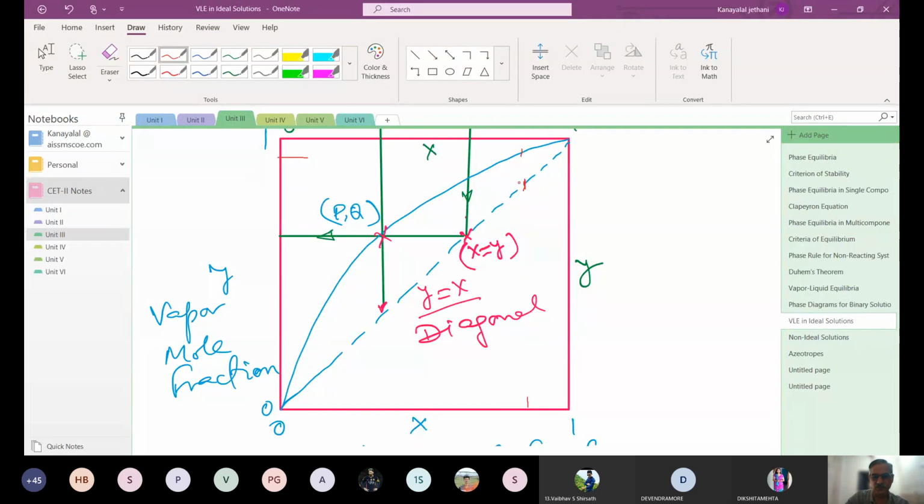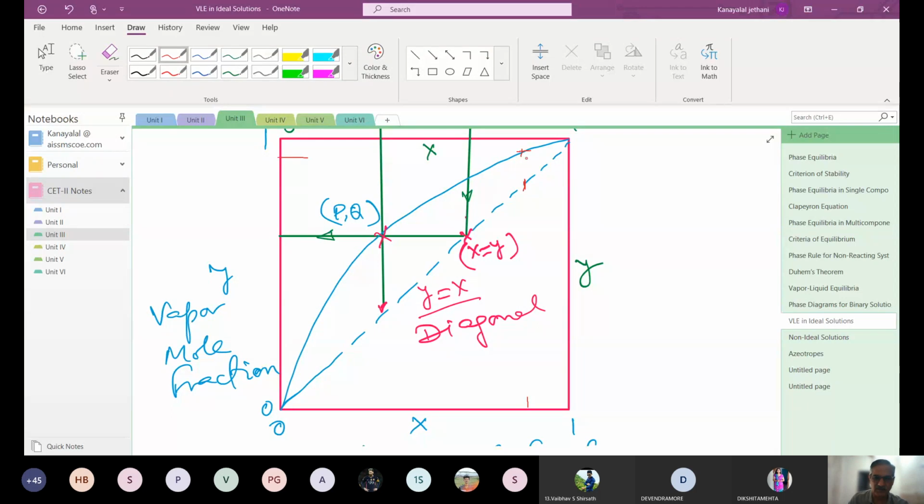That is why separation happens. If I condense the vapor, I will get a liquid which has more volatile component, around 0.92. That means if I take a liquid of 86% more volatile component and evaporate it, the vapor formed will have 92% more volatile component. So if I condense the vapor in a condenser, I'll get a liquid richer in the more volatile component.